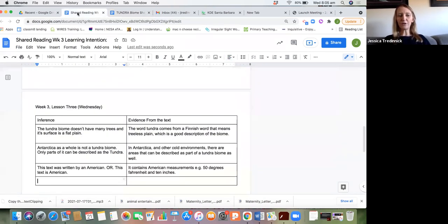So I can infer that during the tundra summers, there is no nighttime.